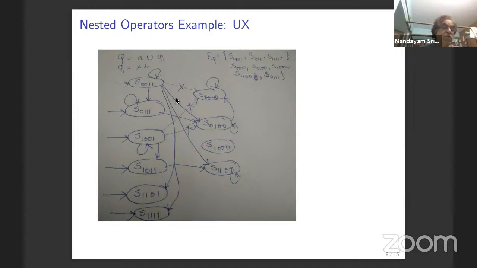And you have to look at even the fairness constraint, and everything can be automatically generated. So pretty much this tableau can be automatically generated by just looking at the structure of the formula.